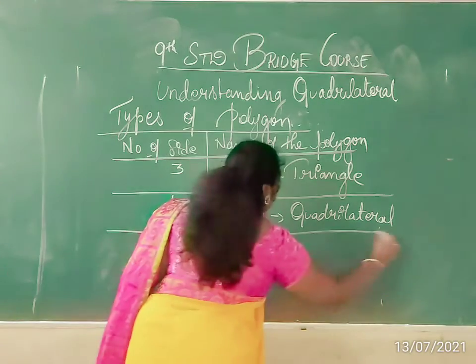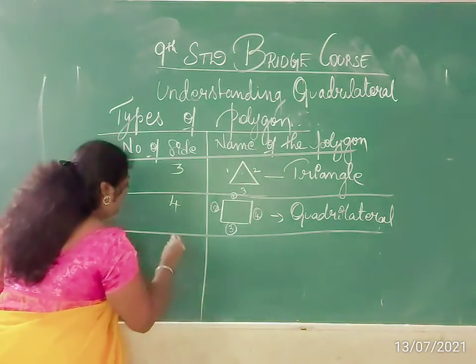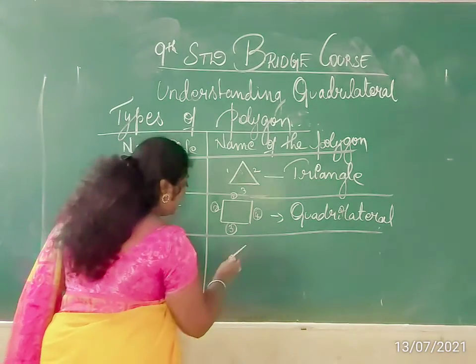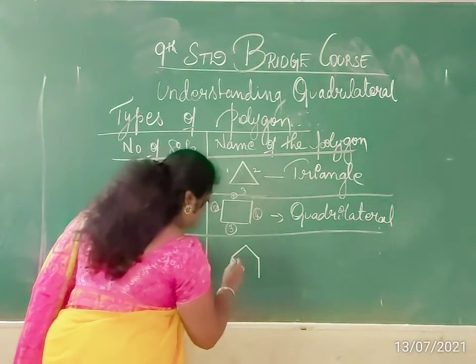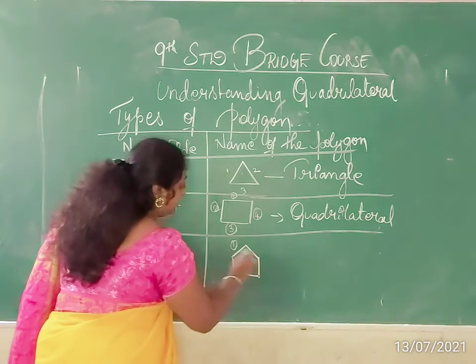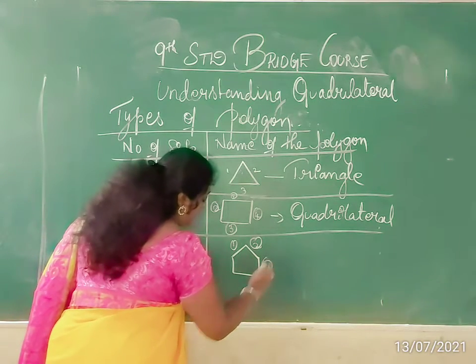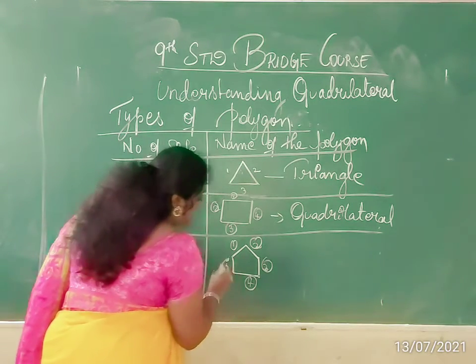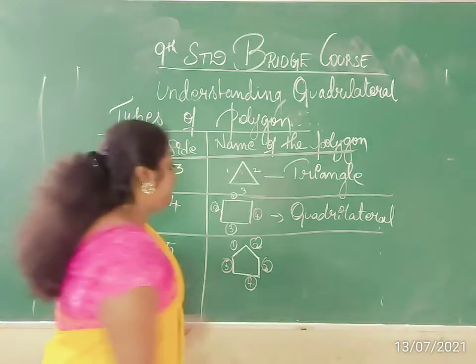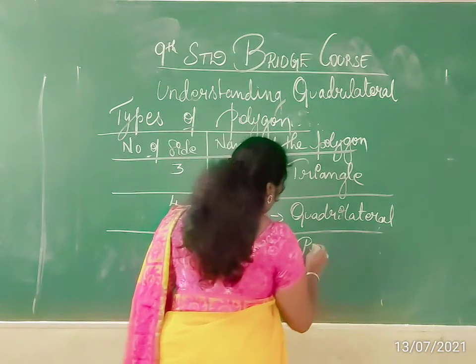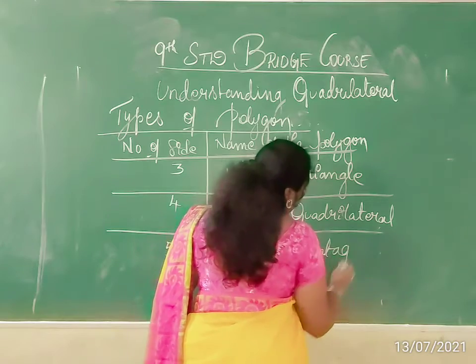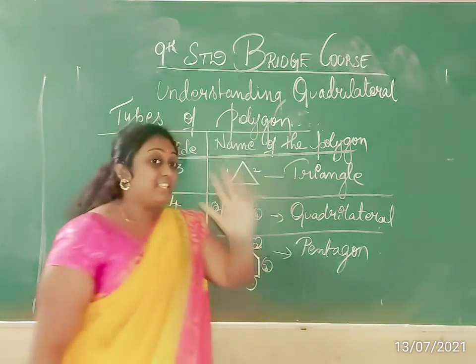Next is 5-sided: 1, 2, 3, 4 and 5. What is this? It is said to be a pentagon. Pentagon means 5 sides.